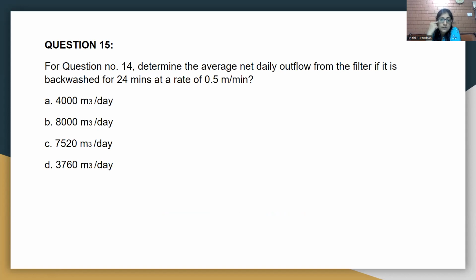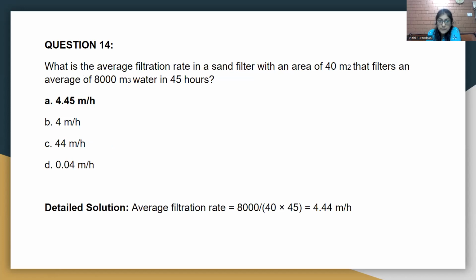So for question number 14, what is the average net daily outflow from the filter if it is backwashed for 24 minutes at a rate of 0.5 meters per minute? Here, in question number 14, we have 4.45 meters per hour as the filtration rate or the velocity of water.